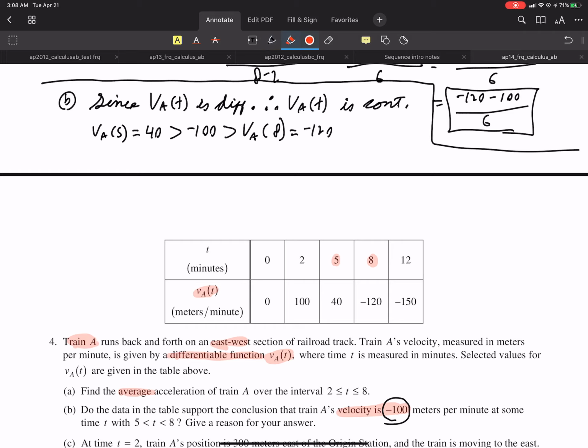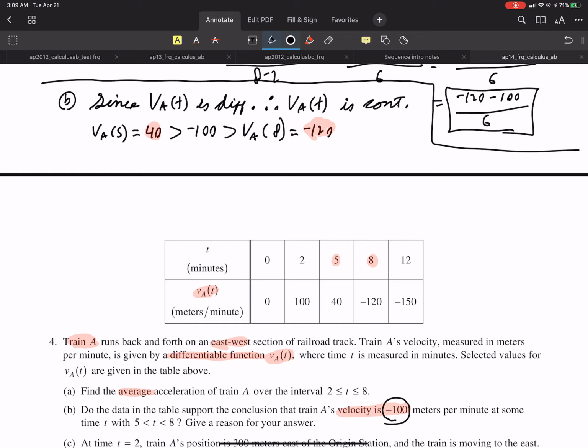Now, technically, you don't need that and that, but I'm just writing it there because it's easy, and this makes sense. So we have done everything according to the conditions of the intermediate value theorem. We have continuity. We have negative 100 between VA of 5 and VA of 8.